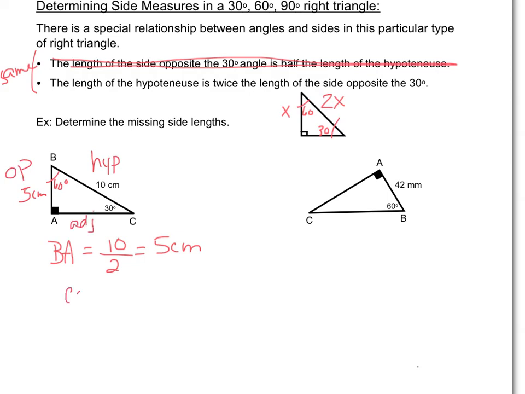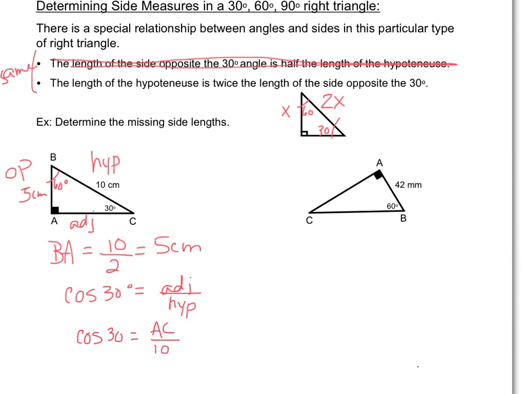So I have cosine of 30 degrees is equal to adjacent over hypotenuse. That's the ratio I've chosen to use. You could have also used the tangent ratio, but I've chosen to use the cosine, so we'll continue with that. So cosine of 30 equals the adjacent, we don't know, that's AC, side AC we're trying to find, and the hypotenuse is 10.